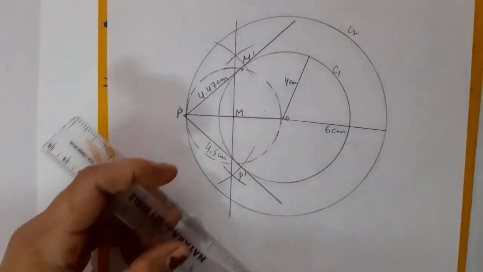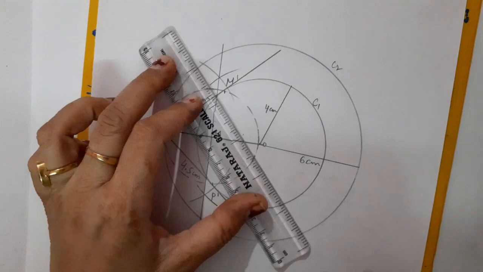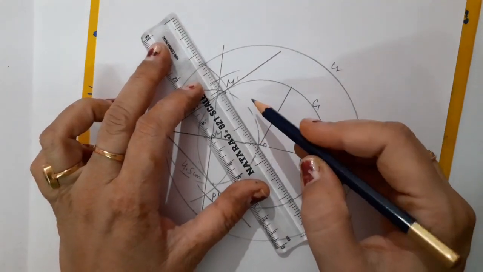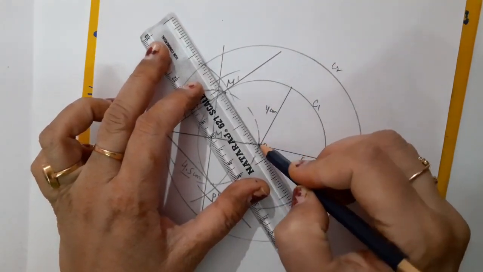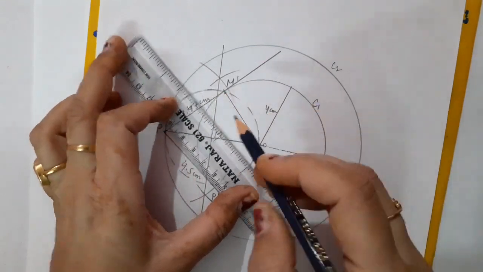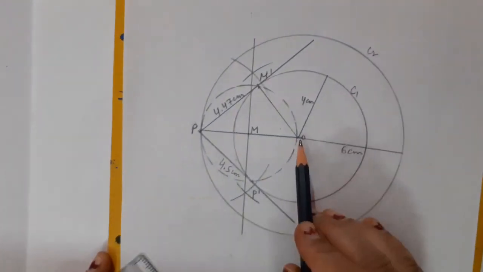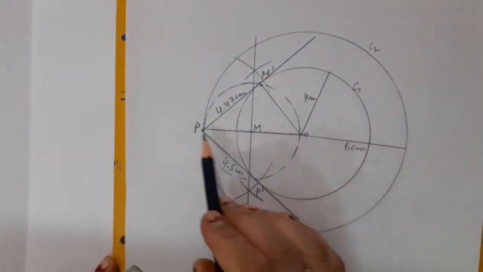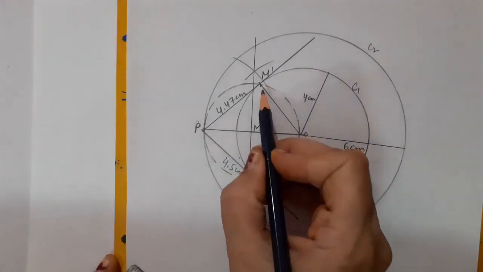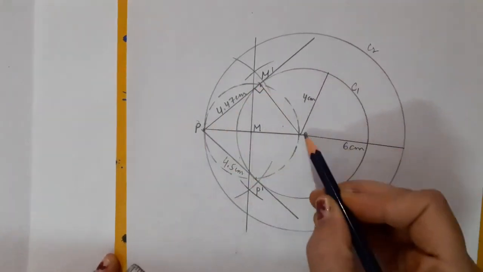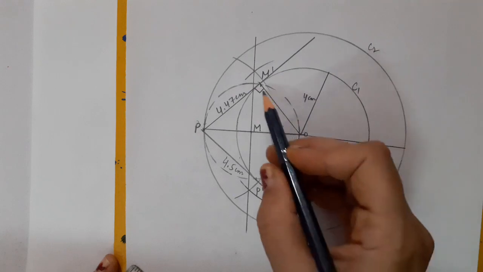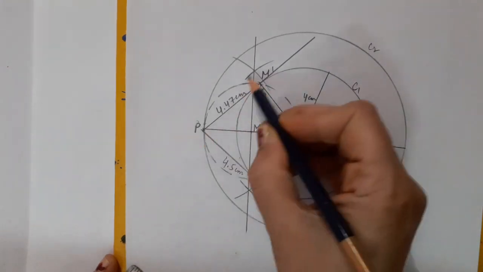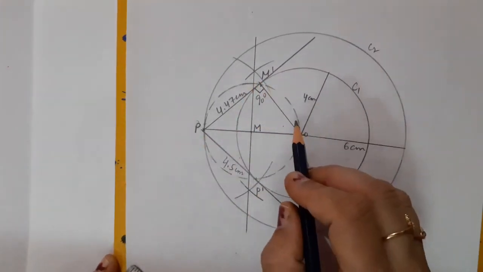Though the justification has not been asked in the question, children, it would be in the same manner as I have told you, that we are going to join this point of contact with the center point. Here children, you can see that angle PM dash O must be equal to 90 degree. Why? Because this is angle in a semicircle.